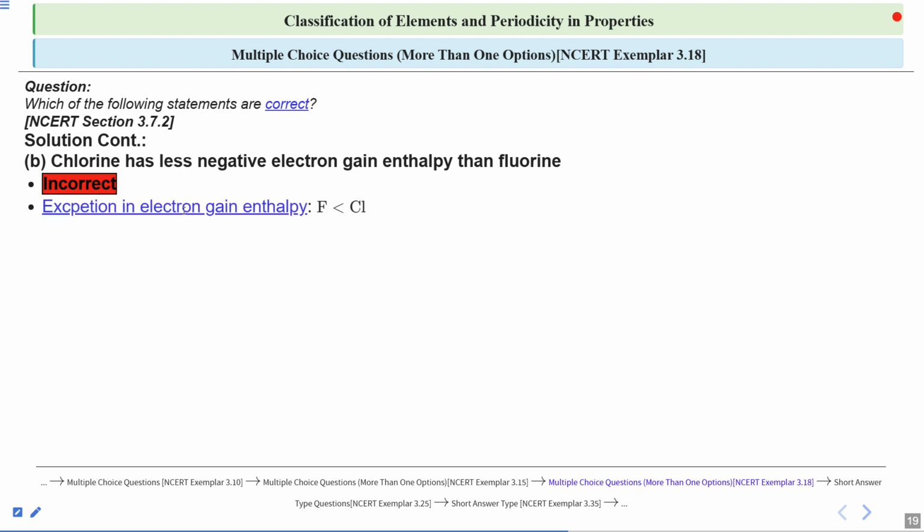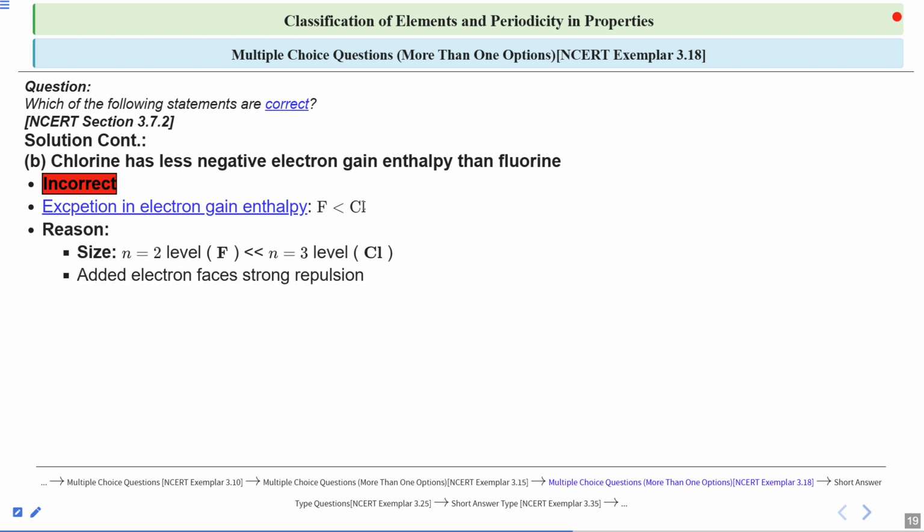This is an exception in the case of electron gain enthalpy, that fluorine has a lesser amount of energy released than chlorine, and it is due to the small size of fluorine. Therefore, electron gain enthalpy will be less negative than the expected one for fluorine.